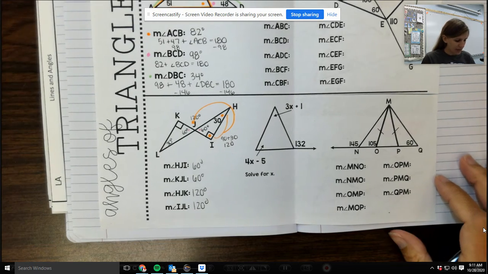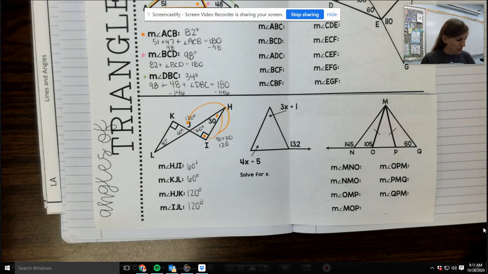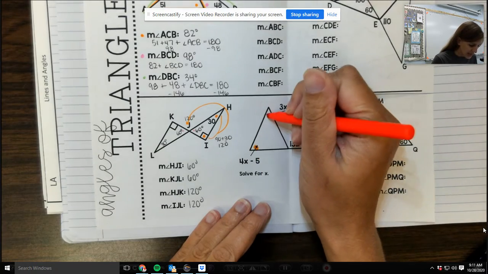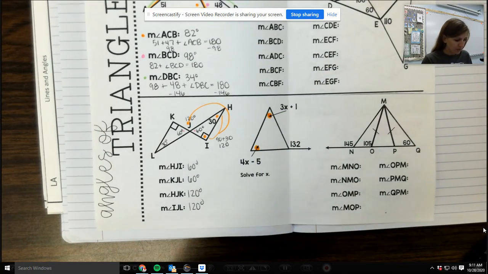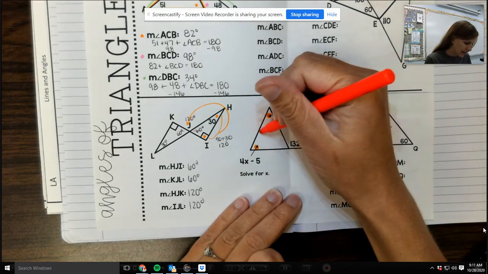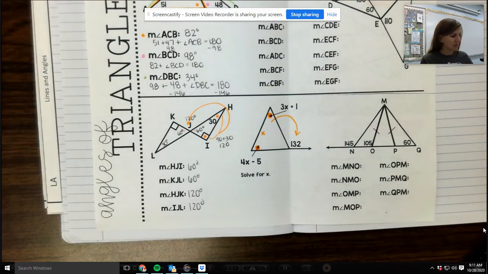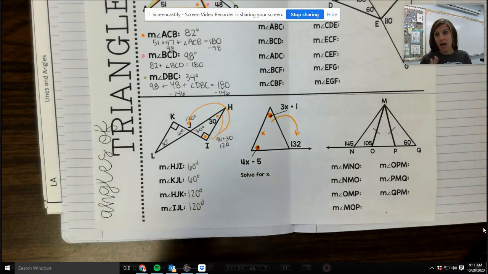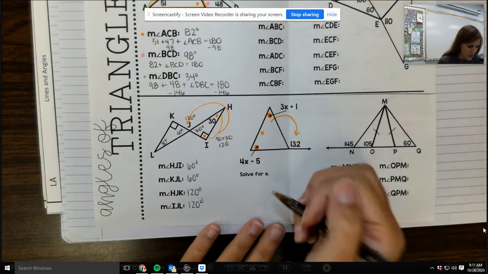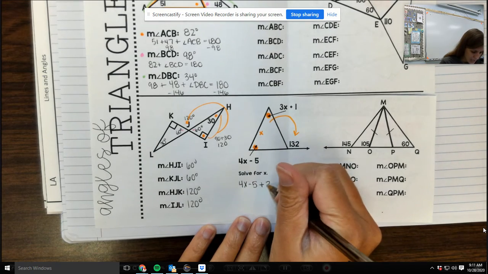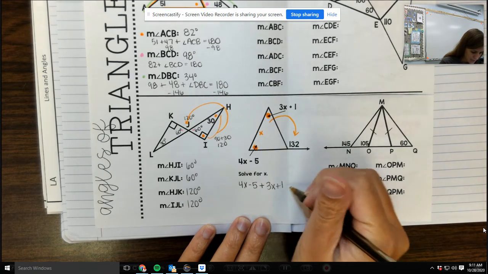Okay, so another thing that we can do with our remote interior angles is use it to solve for x. So again, these two angles are remote interior angles and they will add up to equal the outside one, as long as that outside one is far away from it, so not adjacent. So we can do 4x minus 5 plus 3x plus 1.